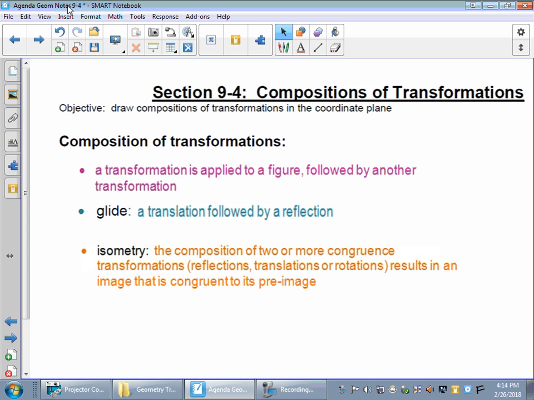Isometry is the composition of two or more congruent transformations. Now, of course, the only transformations we know so far are congruent, so that means reflections, translations, or rotations. And of course, when you do two or more of those, you're going to have a result that is congruent to your original pre-image. Give you guys a second to finish copying all of that down.